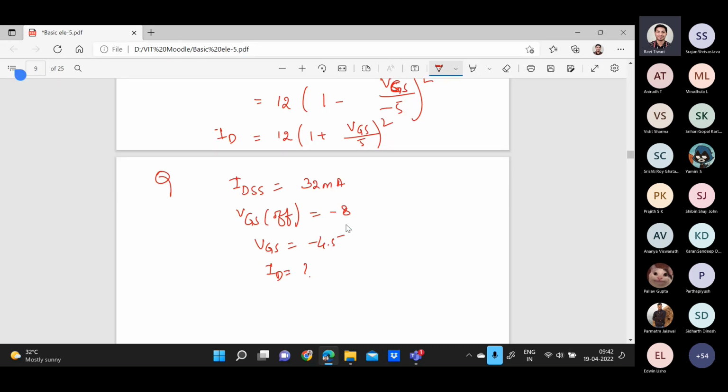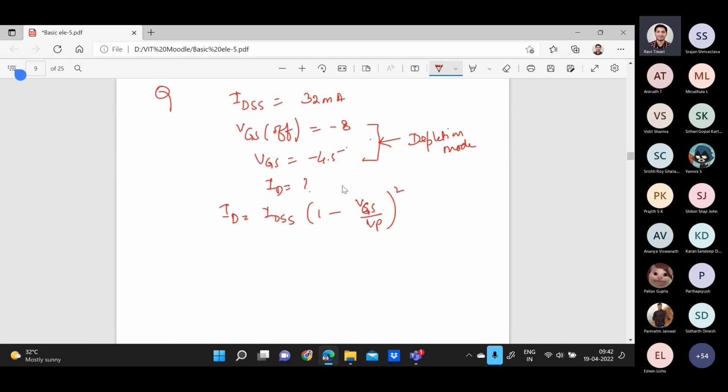As VGS is negative, it is working in the depletion mode. And in the depletion mode, the formula you have to use is IDSS times (1 minus VGS by VP) whole square.